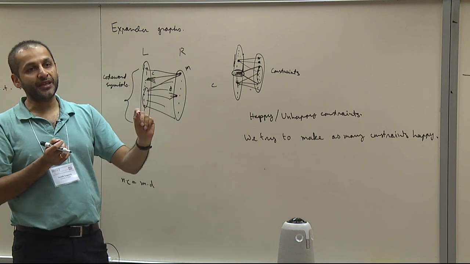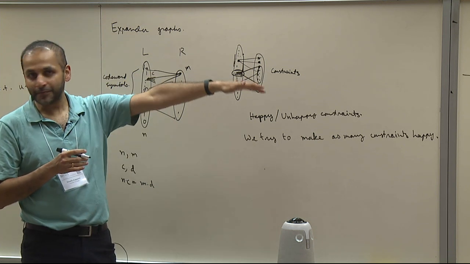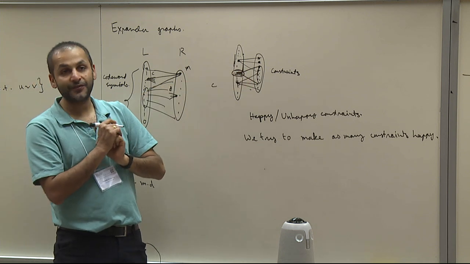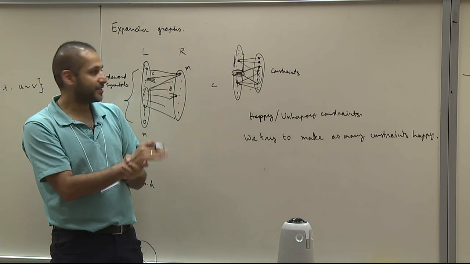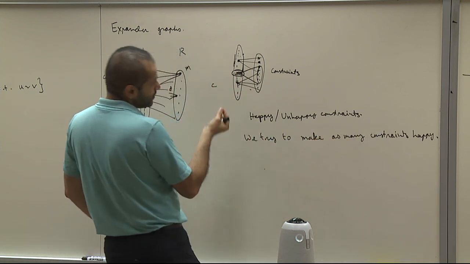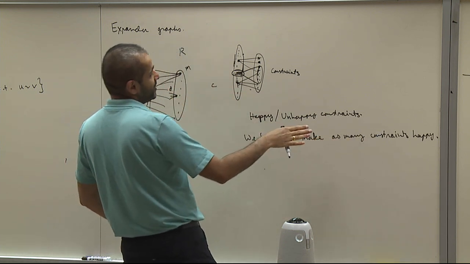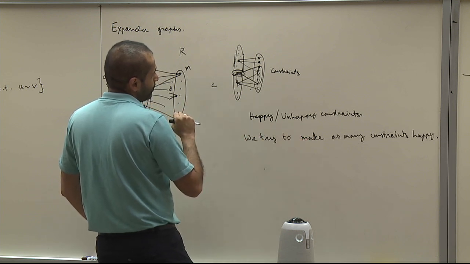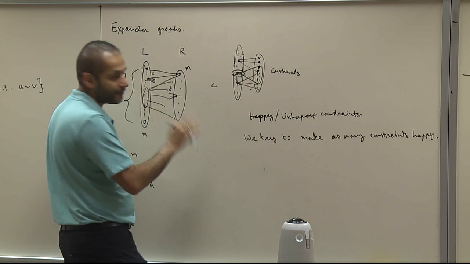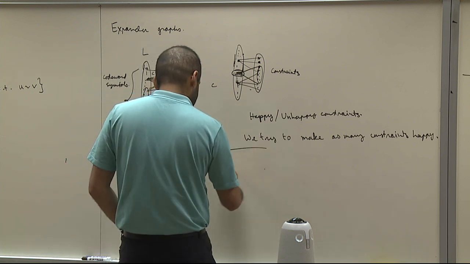And then if we flip the bit, it will flip all those unhappy ones to happy and the happy ones to unhappy, and then we will have reduced the number of unhappy constraints. So this is going to be a strategy. We want to make steps which improve the number of happy constraints. So we look for a vertex which has more unhappy neighbors than happy neighbors and flip that. This is the whole algorithm.